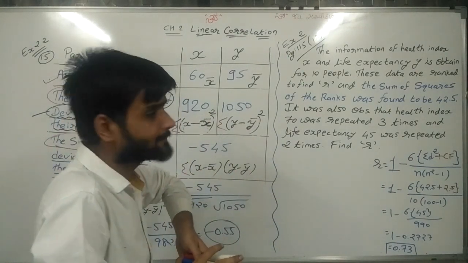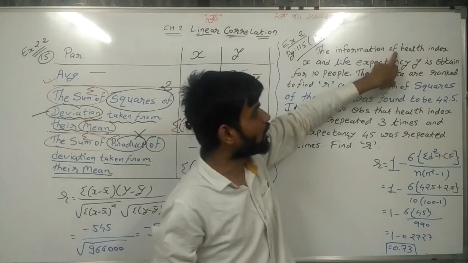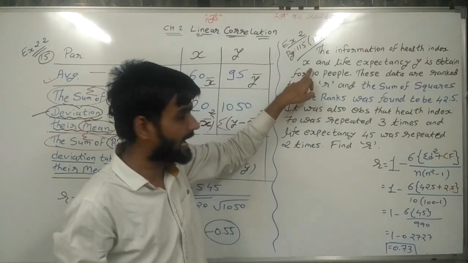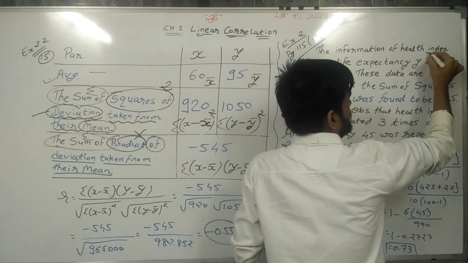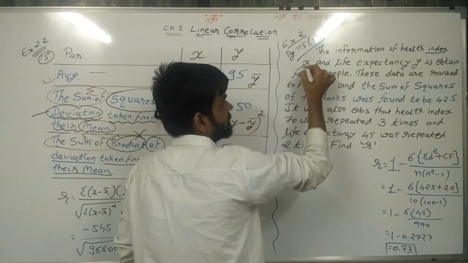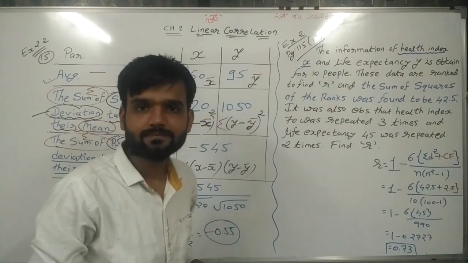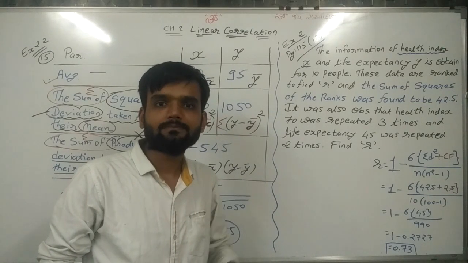First of all, what is given? The information of health index X. So one is the health index information given.